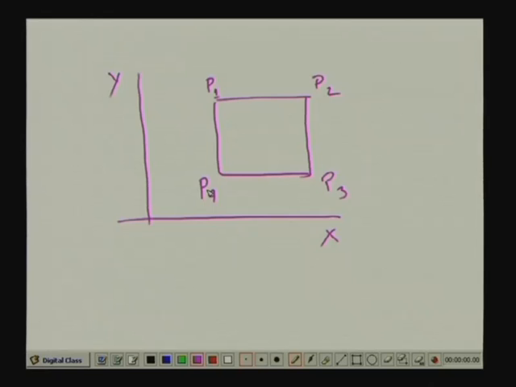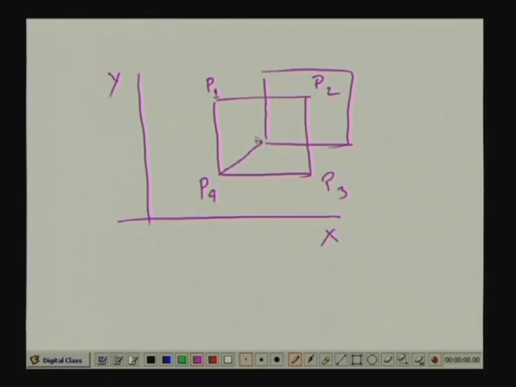So far, the transformations that we have discussed are the transformation of a single point around the origin, or the transformation of a single point around another arbitrary point in the same space. Now, if I have to transform this entire figure, for example, if I want to rotate this entire figure about the origin, or I want to translate this entire figure by a certain vector, say v, to this particular position.